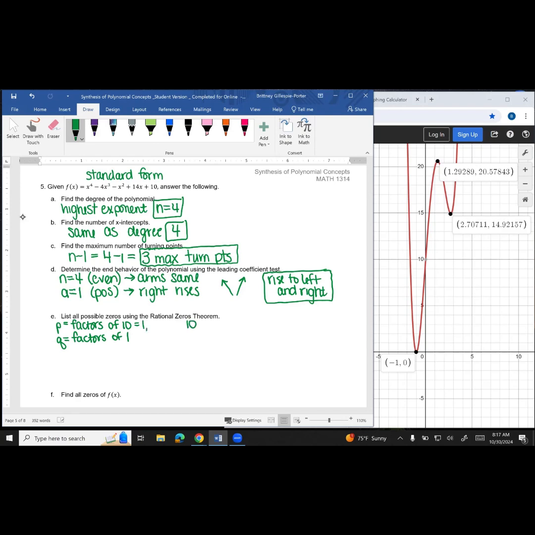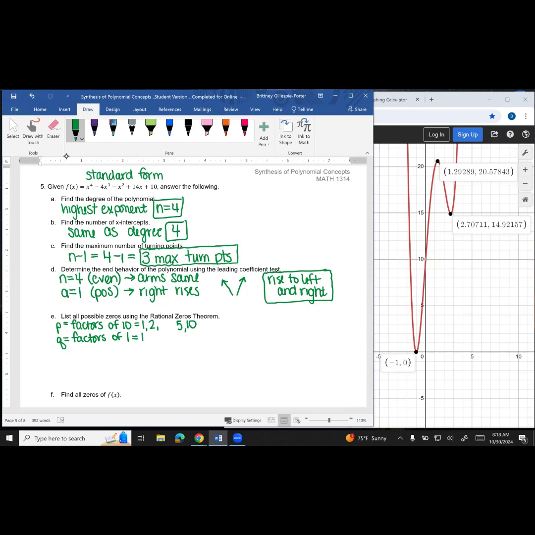Next number up from 1 is 2. 10 divided by 2 gets me 5. Next number up from 2 is 3, but 10 divided by 3 gets us a decimal. And next number up from 3 is 4. 10 divided by 4 gets us a decimal, so don't include it. And then we're up to 5. So we're done. Factors of 1 are just 1.